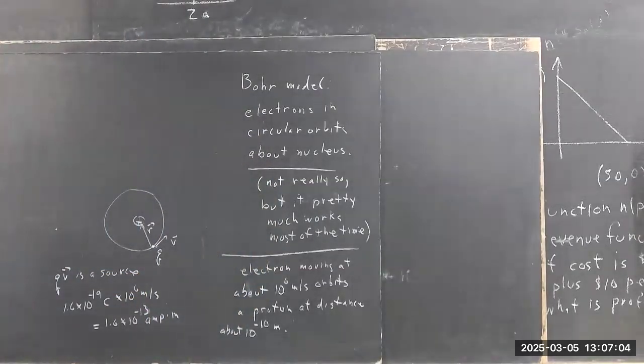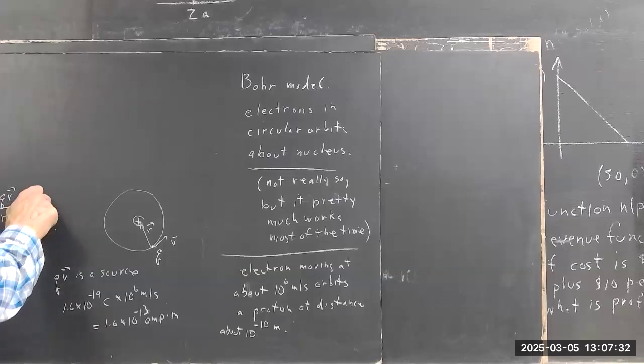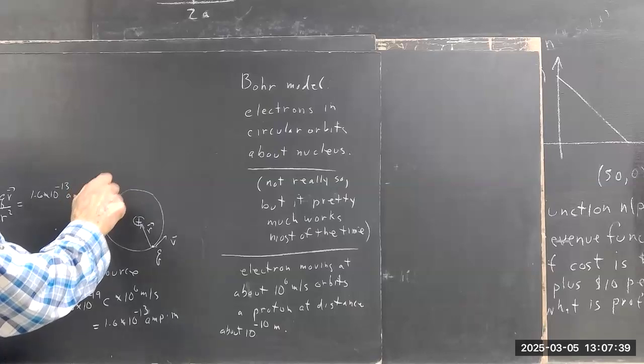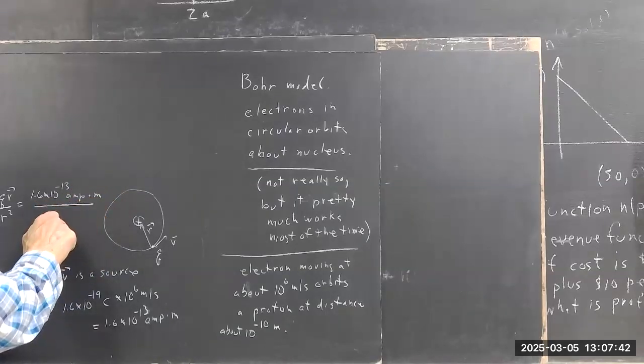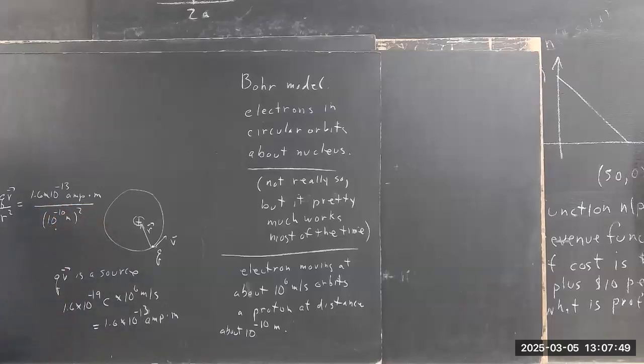So QV over R squared is then going to be equal to 1.6 times 10 to the negative 13th divided by the square of 10 to the negative 10th meters.